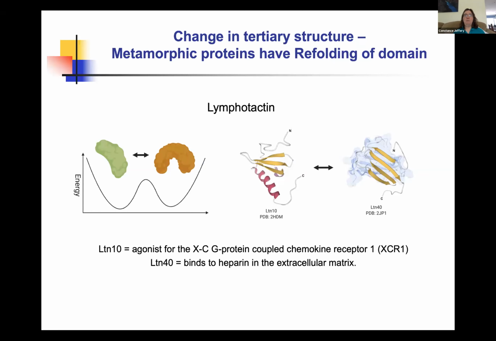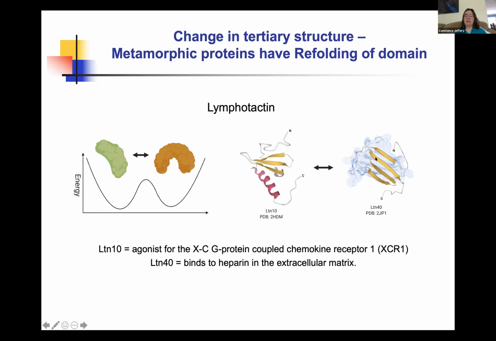We also have a few proteins that are called metamorphic proteins that have two stable tertiary folds. So both of these forms are folded. This is not unfolded to folded, but two folds that can interconvert and have different functions. Or some metamorphic proteins have different functions with the different folds. An example of that is lymphotactin.